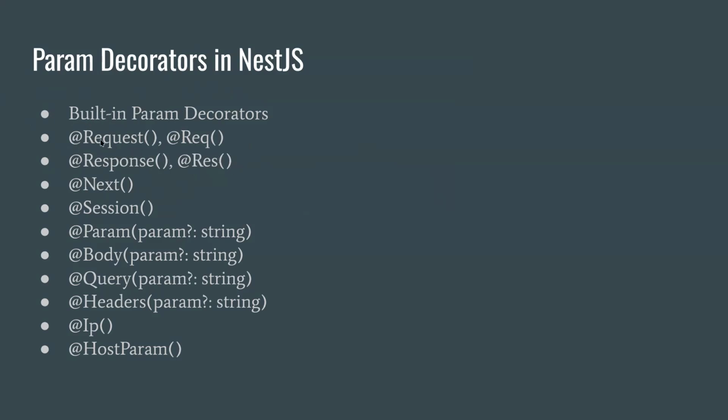So for instance, Request maps to the request object, while Response maps to the response object. Other useful decorators include Next, Session, Param, Body, Query, Headers, Ip, and HostParam. These decorators make your code cleaner and more concise by reducing the boilerplate code required to extract these values.